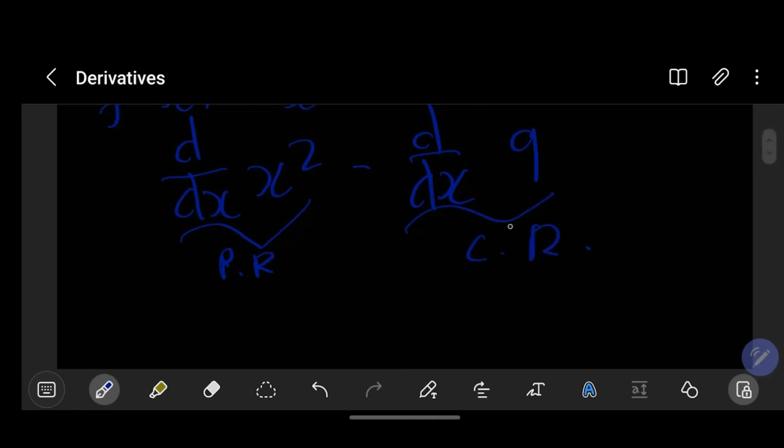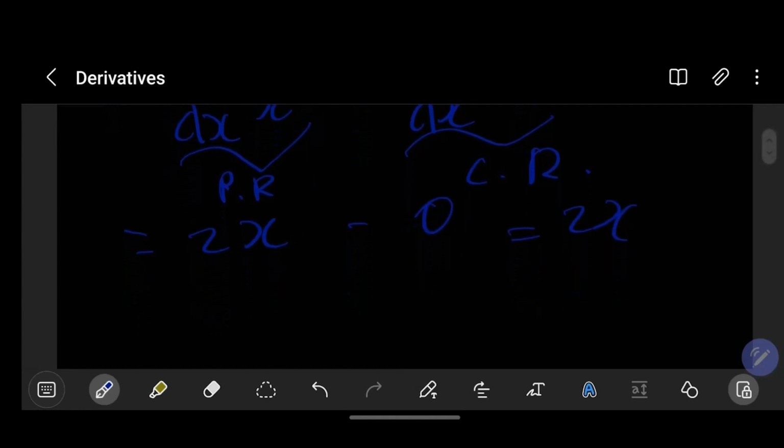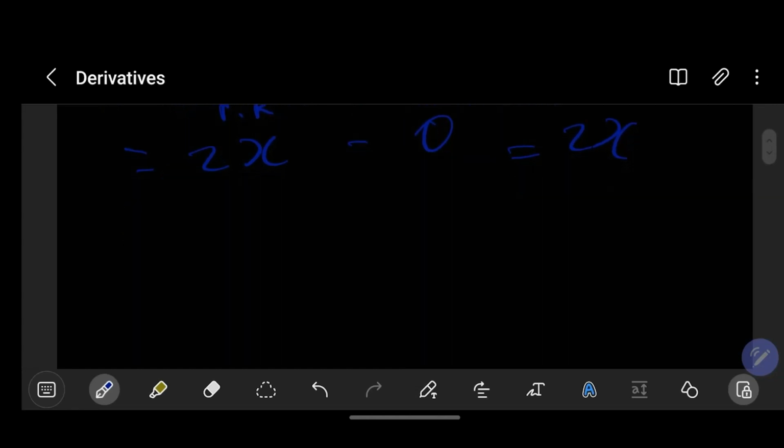Doing that, we will have this equal to 2x minus 0, which is just 2x. Once again, quite a simple rule. So now let's go ahead and start doing a few examples just to get our practice, and then we can move on to the rest of the rules.